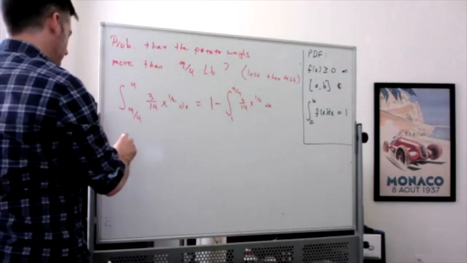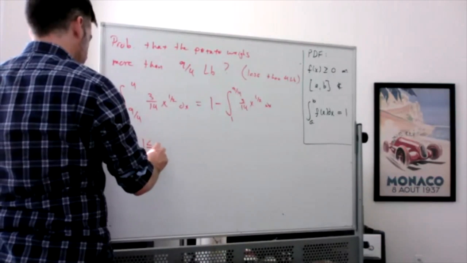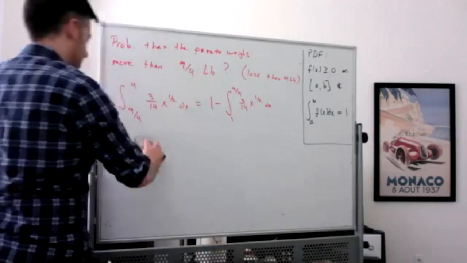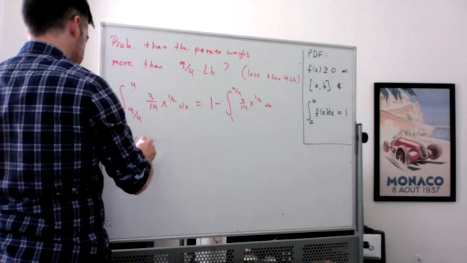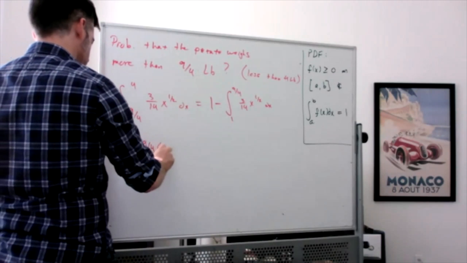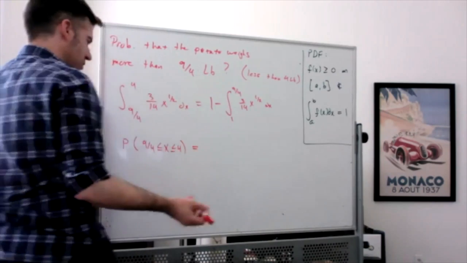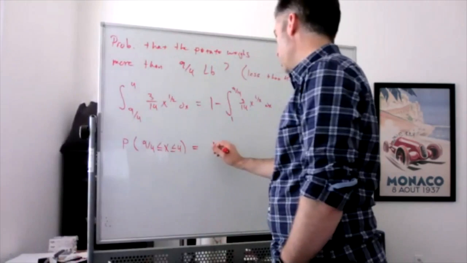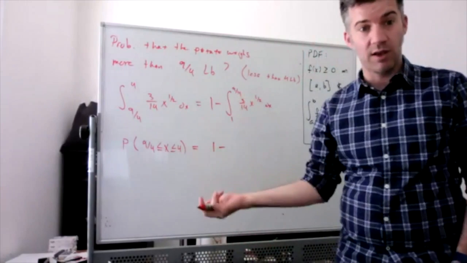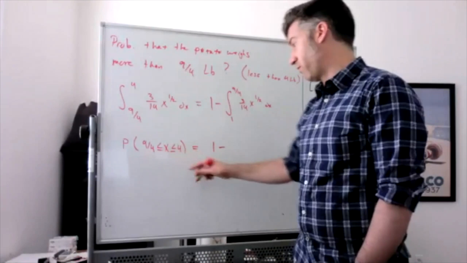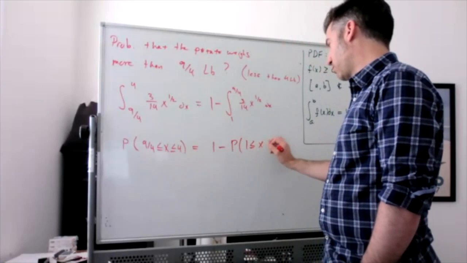Another way of saying that is that the probability that x is between 9/4 and 4 is equal to 1 minus the complement. The complement's all the other stuff. So instead of being between 9/4 and 4, it's being between 1 and 9/4.